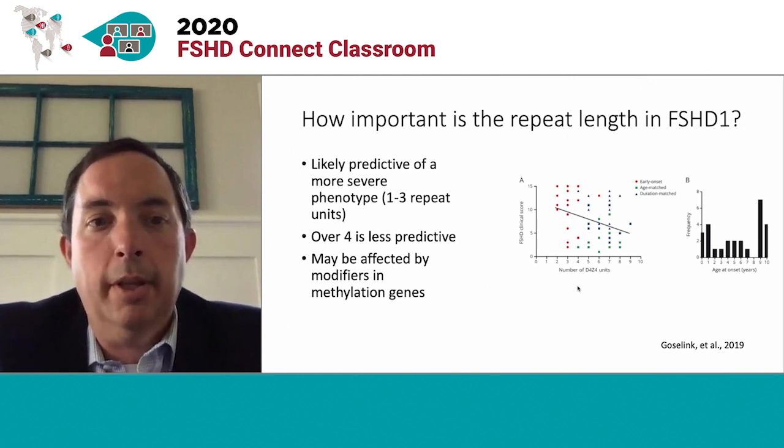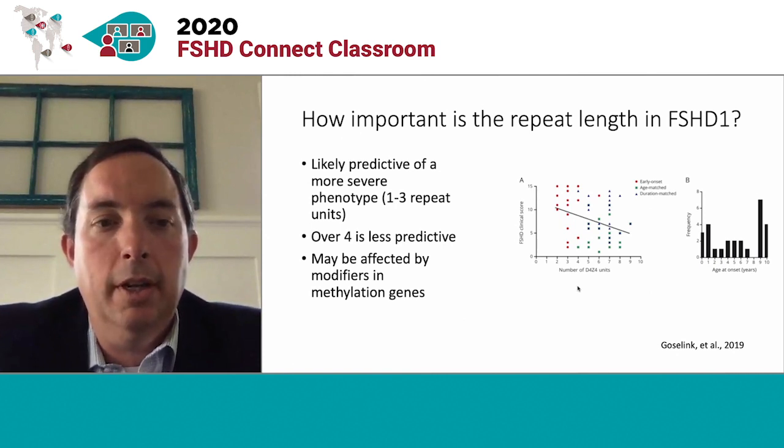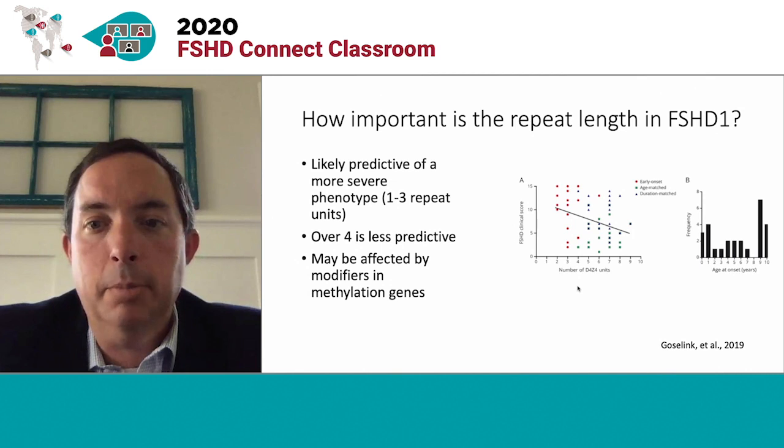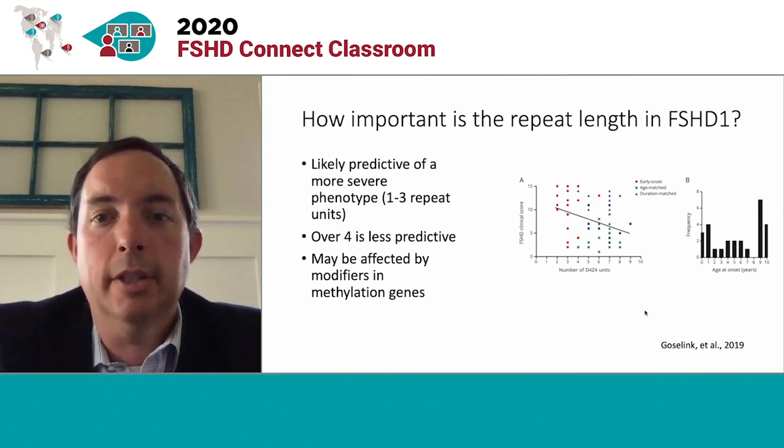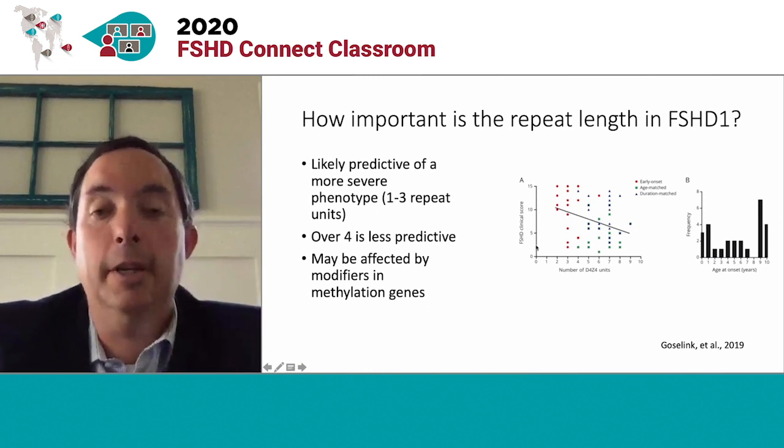So I like to think about these in bins. What I'm showing you here is some data from the European groups, showing the number of D4Z4 repeat units against the FSHD clinical score, which is a measure of disease severity.